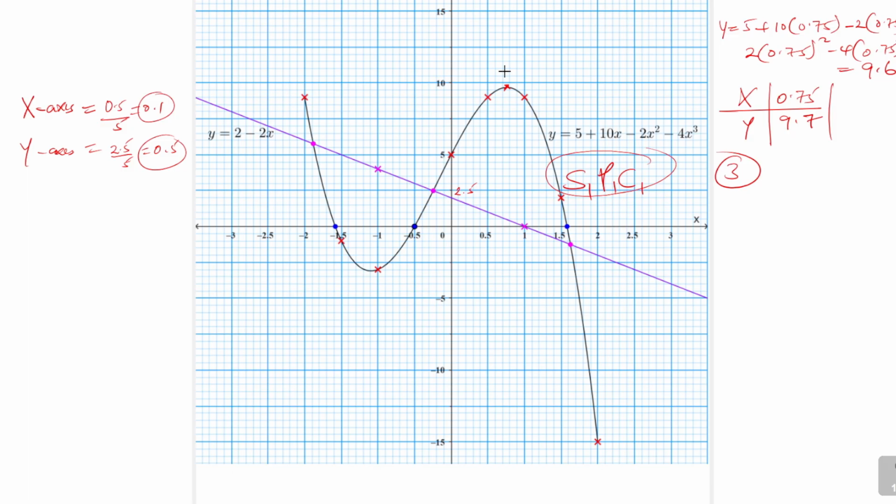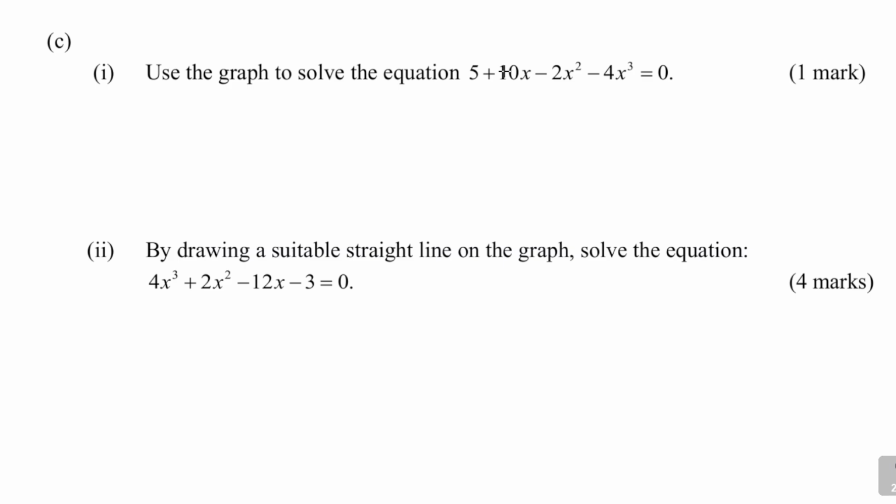Let's go to the other question, part C. C part 1. Use the graph to solve the equation. So which graph are we using? We write first. The function that we're using is y equals 5 plus 10x minus 2x squared minus 4x cubed. That is the function that you're using to solve this.